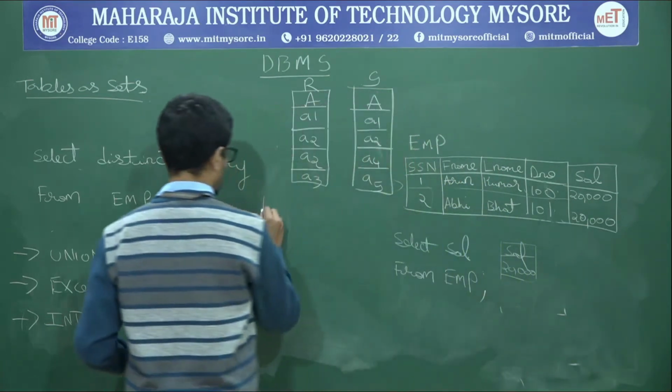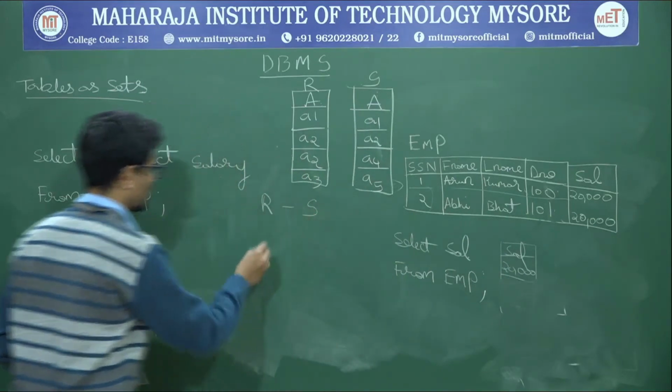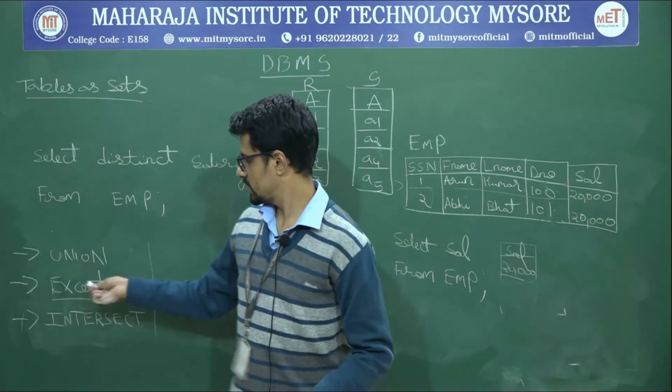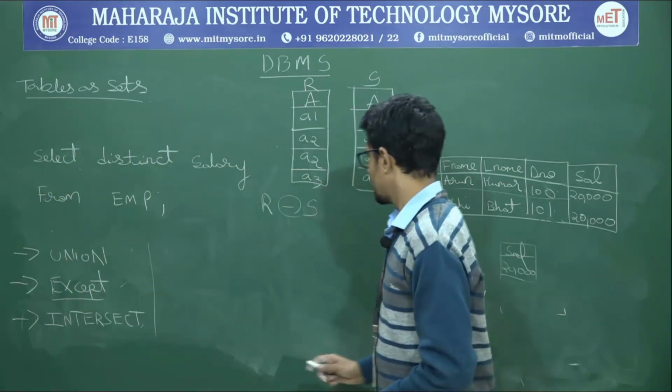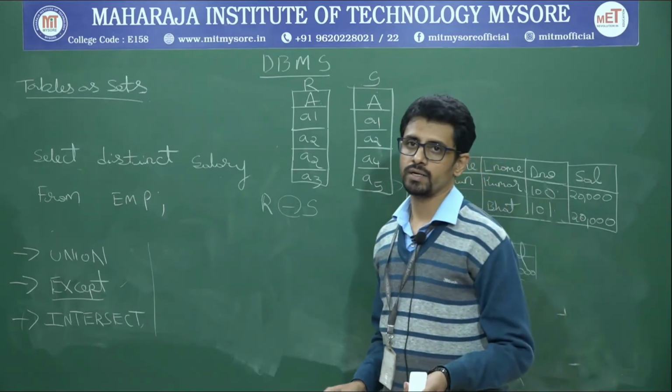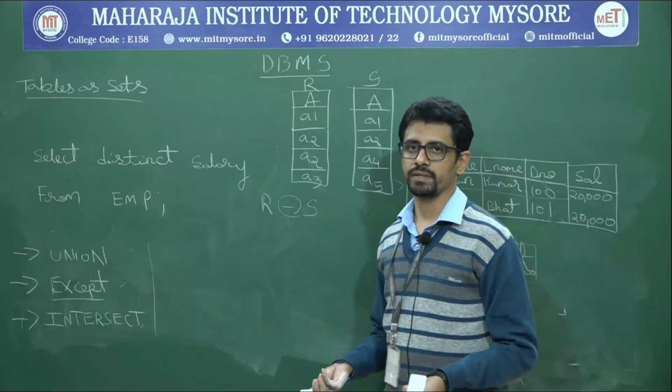Next, when I say R minus S, R minus is the case of except. I am speaking about the except. In that case, what happens? What is there in R after subtracting S from it?